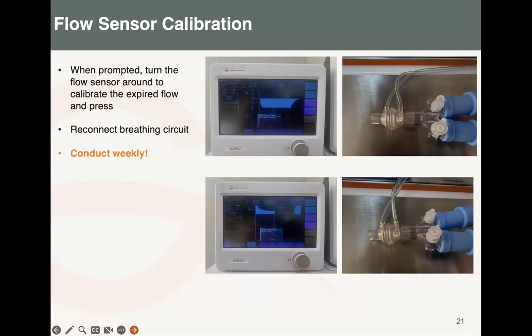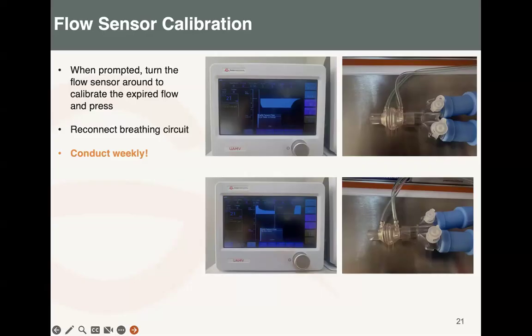Of course, during the machine check there should be a point where it will tell you to reverse and all of those. For the flow sensor calibration, I understand there are people who do it at the back of the machine, and there are people who do it on the wipes. Either way, you can do it as long as it gives you the results.